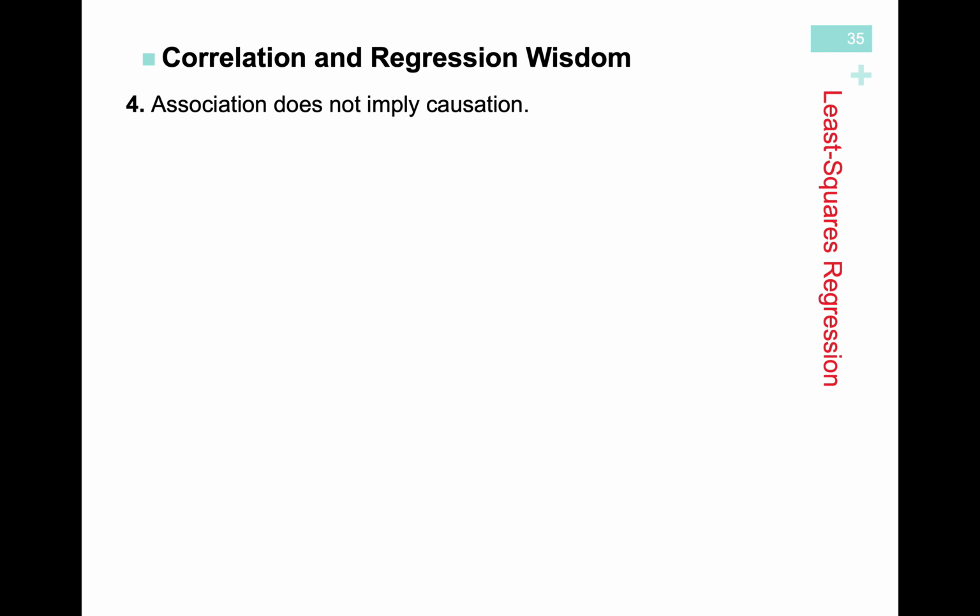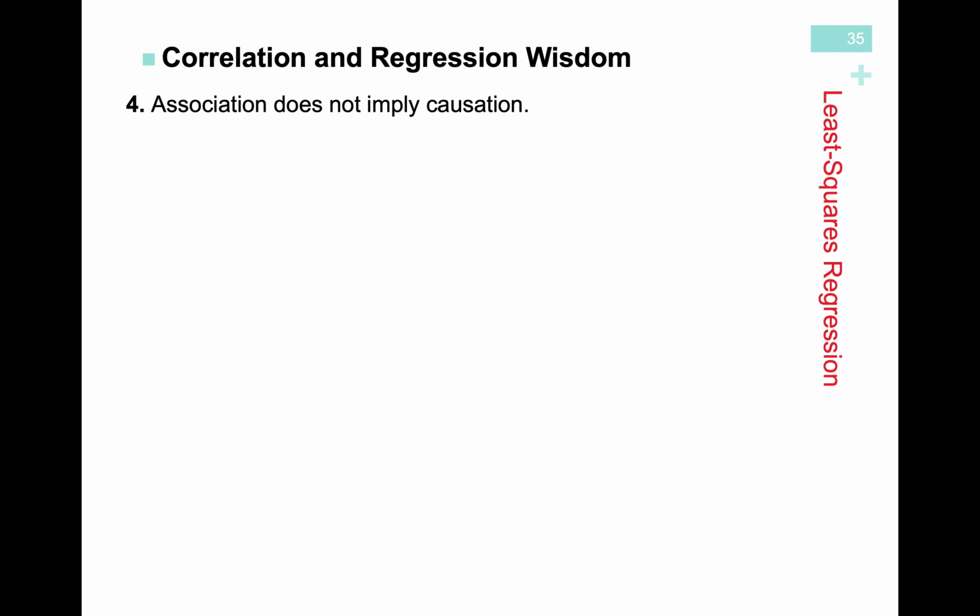Association does not imply causation. In all seriousness, if you remember nothing else from this course, I think this is worth it the most. Association does not imply causation. Just because two variables are related, that does not necessarily mean one causes the other. For one thing, it may be there's something else involved, something that we're not measuring that's causing both of them.